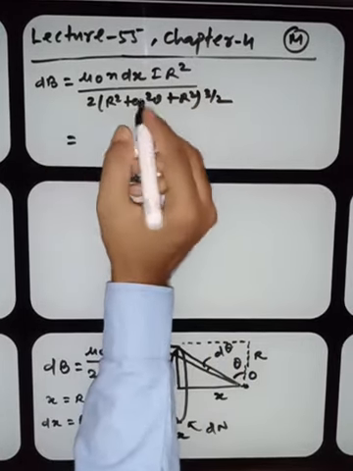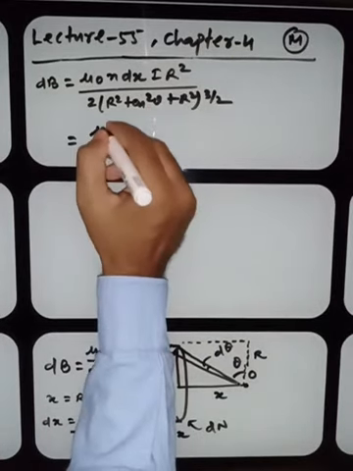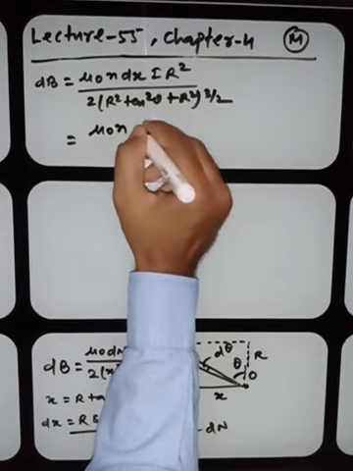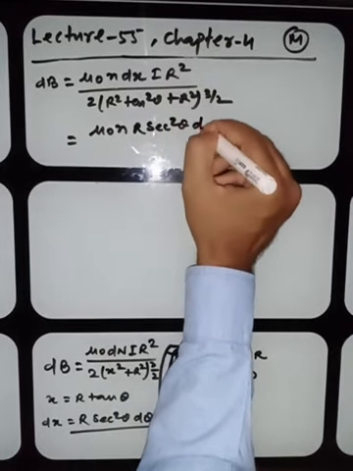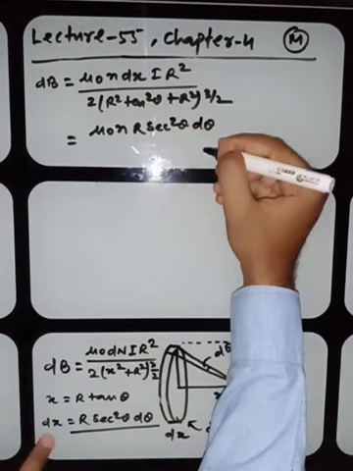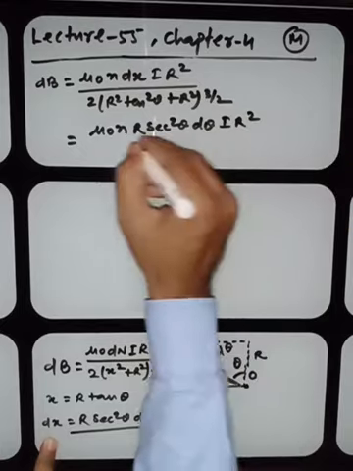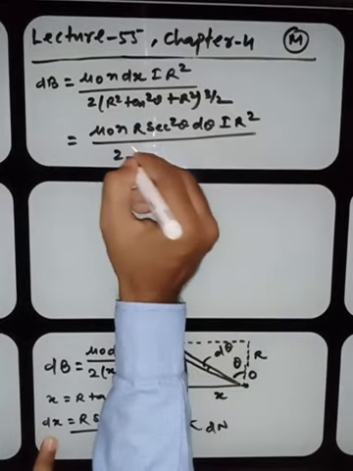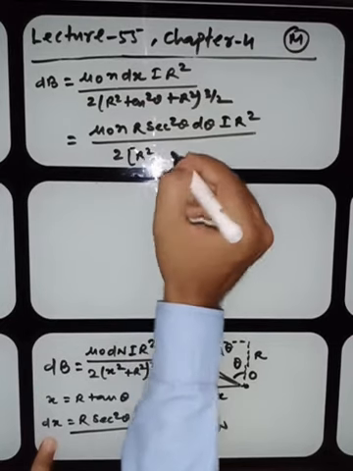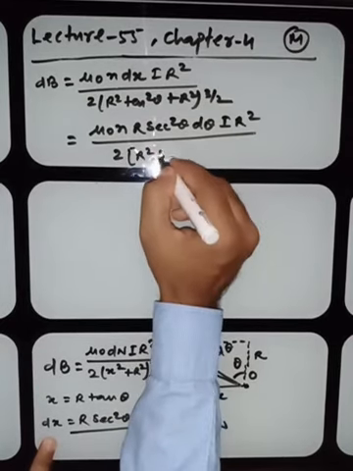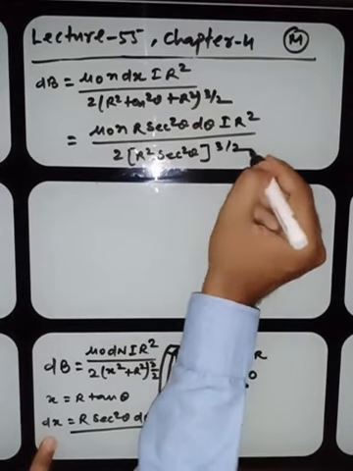Here dx is replaced by r sec square theta d theta, so we get mu naught N r sec square theta d theta I r square divided by 2 times, r square is common, so 1 plus tan square theta will be sec square theta, to the power 3 by 2.